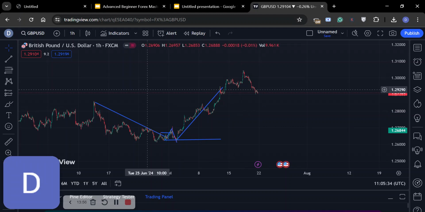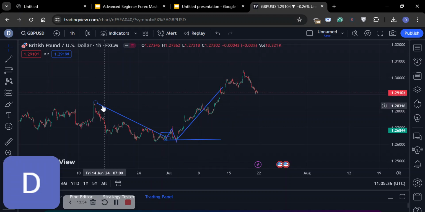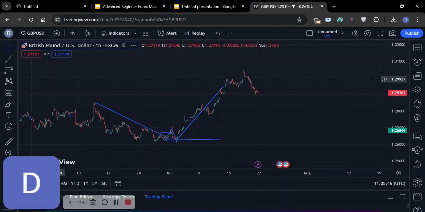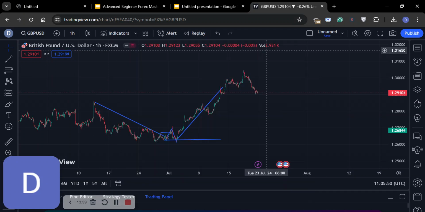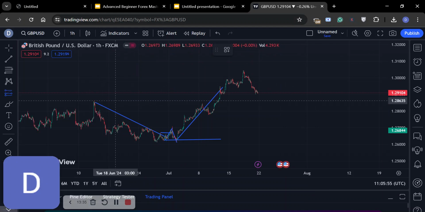Another thing, if you want to place your trade, you can target the previous higher high, which is this. You can go long and set your TP at the previous higher high. You understand?